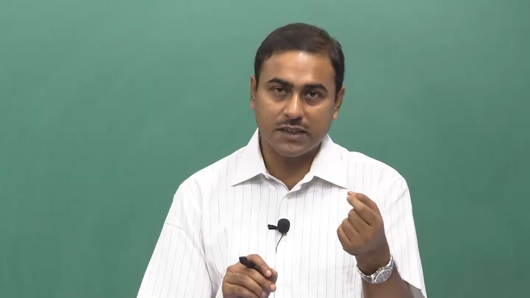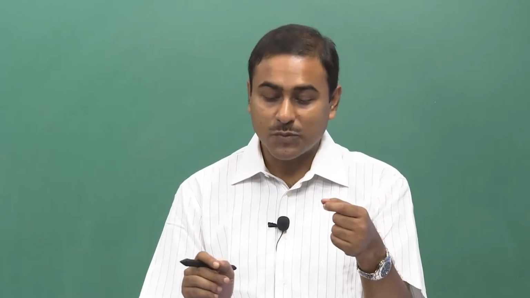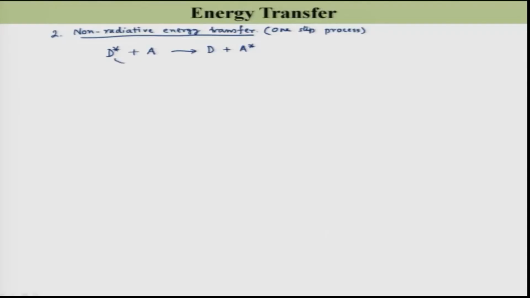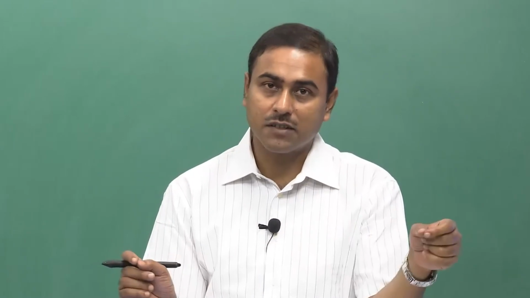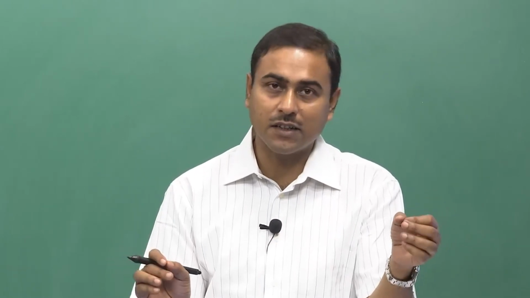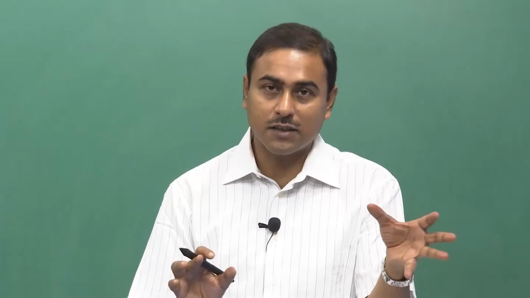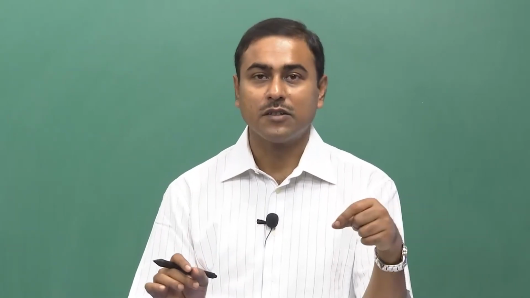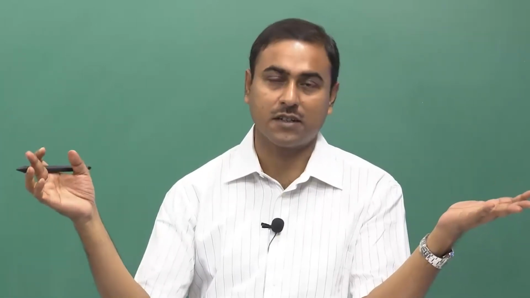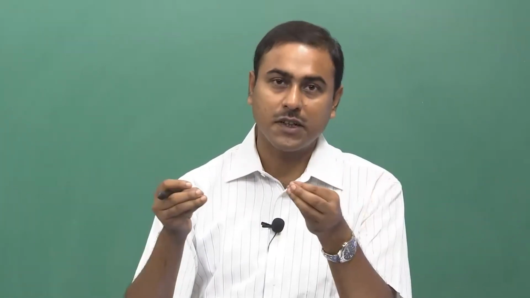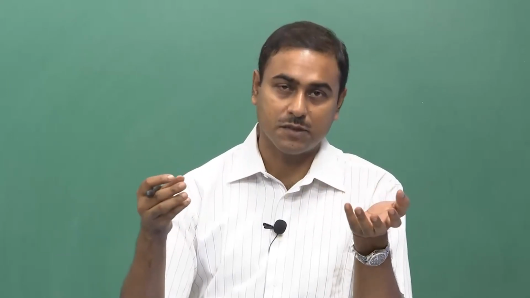The important parameter is that D and A have to interact with each other, so how close are they. If they are far apart, then any kind of interaction is not feasible, as is understandable. If they are close by, then those interactions are feasible.